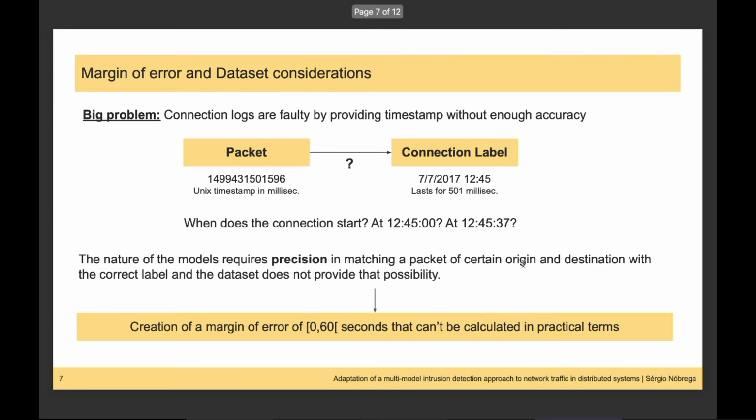But we found a big problem with this dataset, and also the other datasets that we considered didn't fix this or also didn't allow for this. And the big problem was that the connection logs are faulty, because they provide a timestamp without enough accuracy. And we saw this happen also for example in KDD and the IoT-23 dataset.